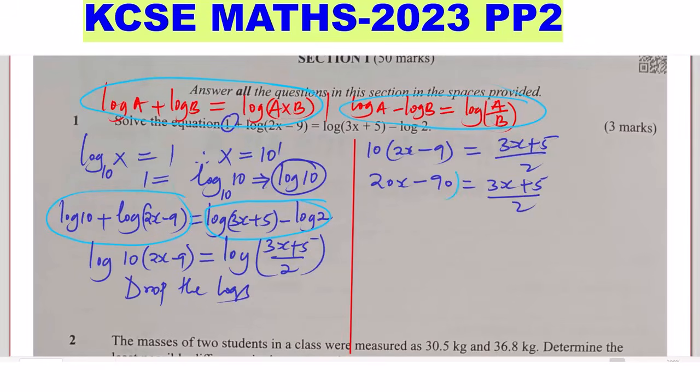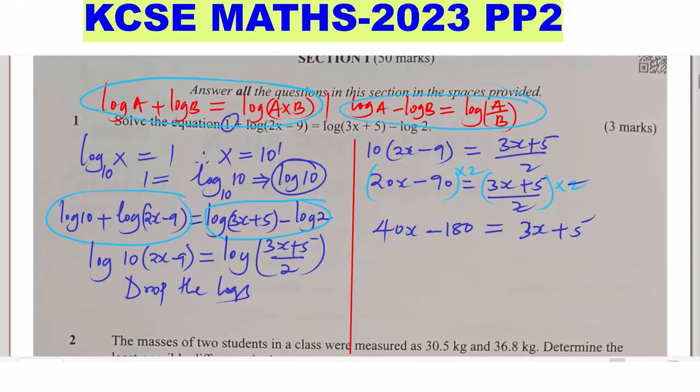You can multiply both sides by 2 to get rid of this denominator here. When you do that, this one will give you 40x minus 180 is equal to 3x plus 5.